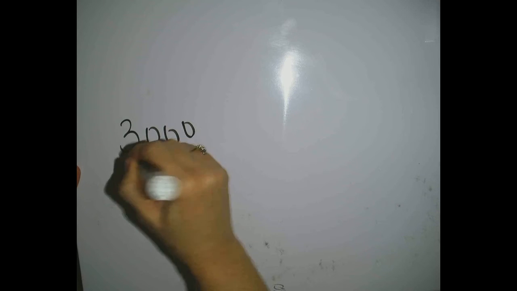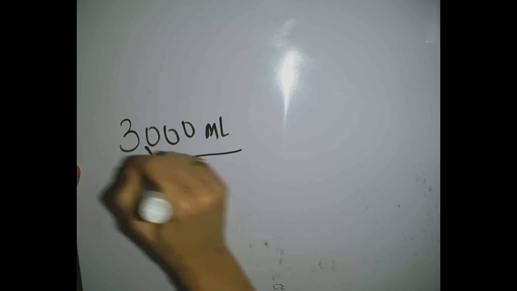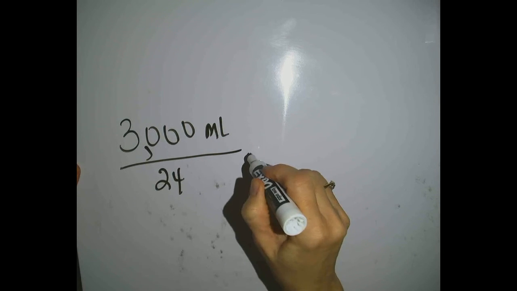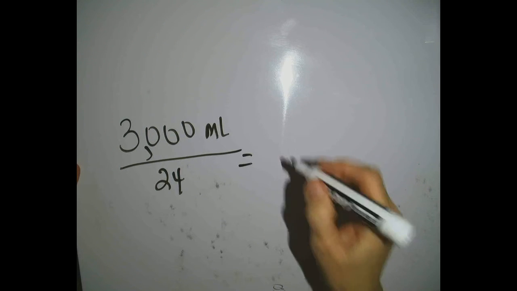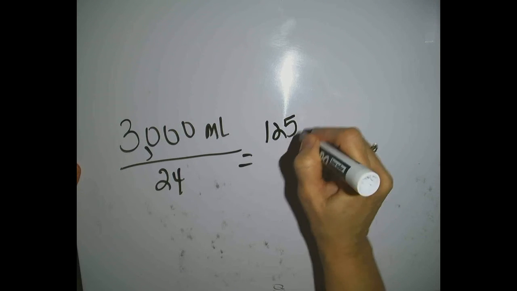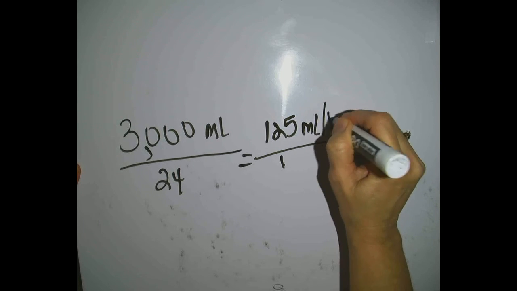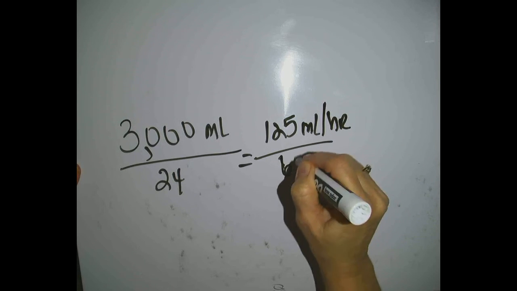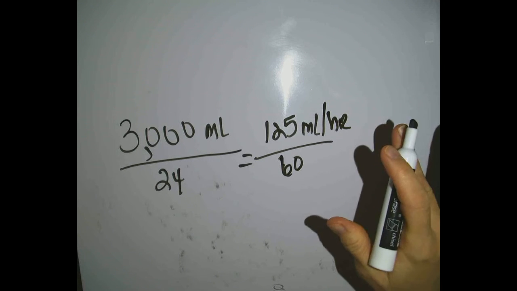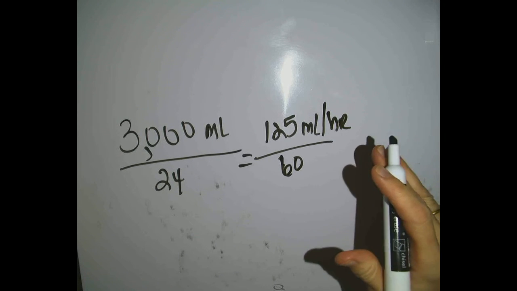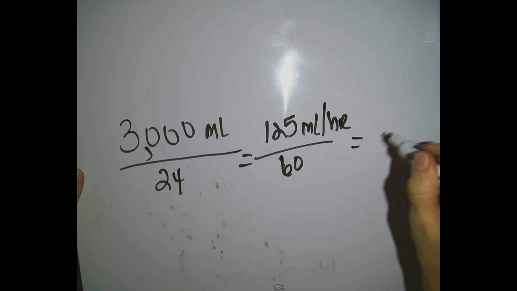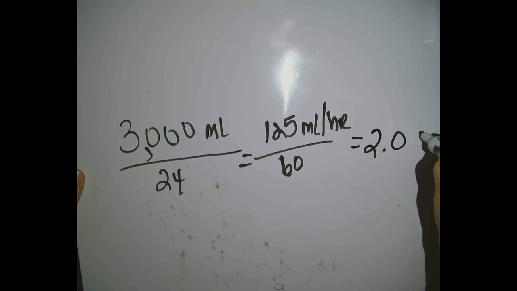Okay, in our next example, we're asked to infuse 3,000 milliliters over 24 hours, which we determined was an infusion rate of 125 milliliters per hour, which we divided by 60. We put that over 60 to come up with a minute rate of, again, 2.08.